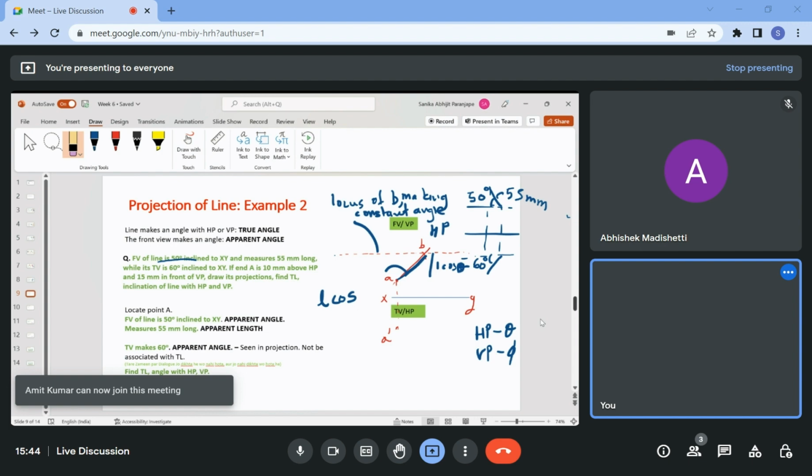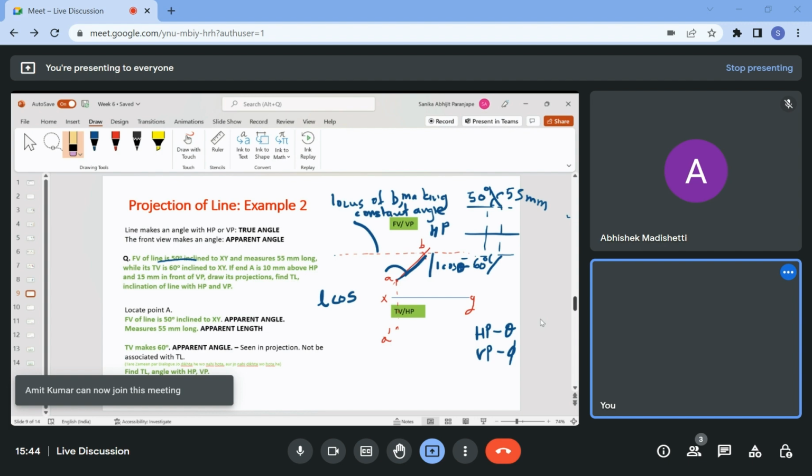I can drop this AB here, and since this is the angle with respect to the vertical plane, the point B is going to trace a line in the horizontal plane. So I already knew that this is B dash, and that point B will be along this line, and from this I made the projection parallel to XY.